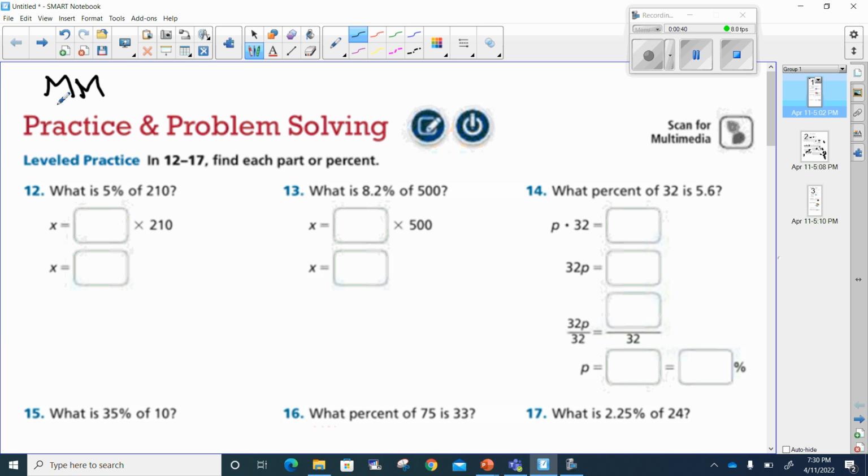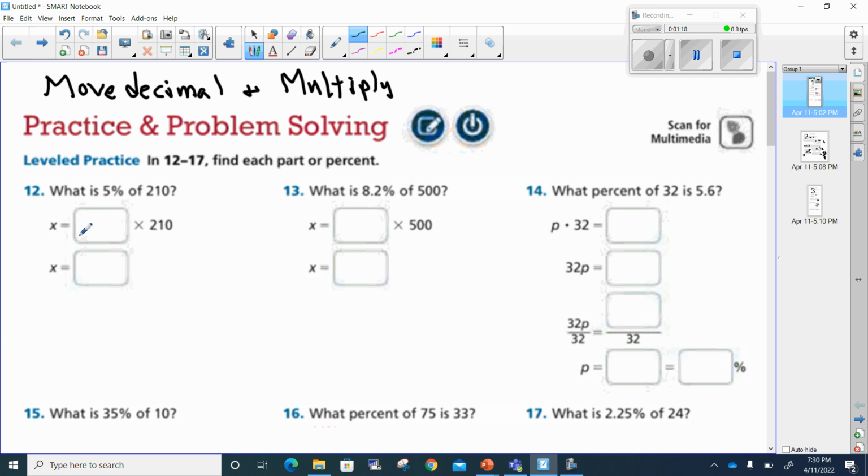So we're going to move the decimal, and then we're going to multiply it. Simple as that. So we're going to move the decimal two places and multiply.